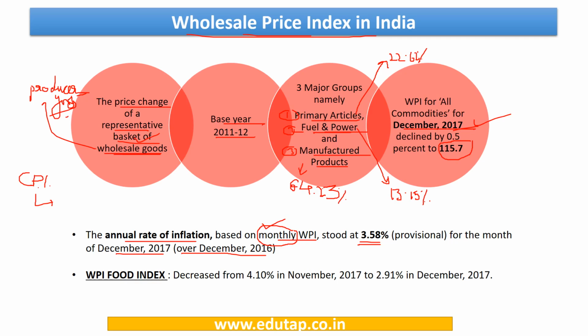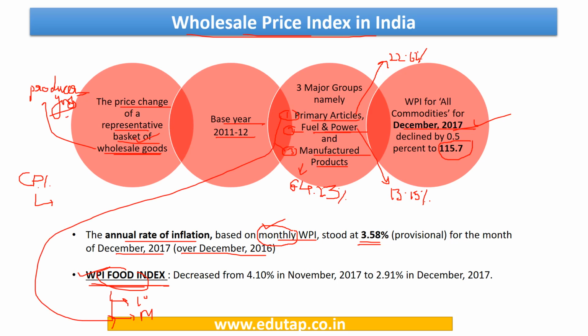Another thing we have under the wholesale price index is the WPI food index, in which the inflation in food items is measured. Food items here are taken from the primary articles category as well as from the manufactured products category, the first and the third.